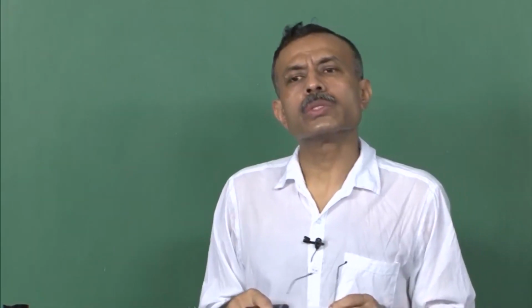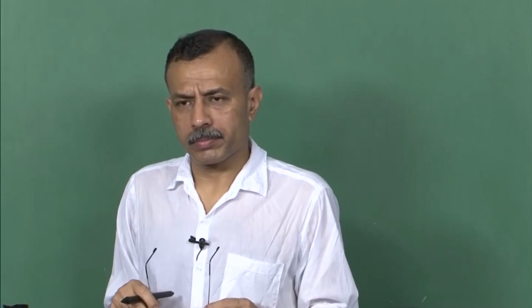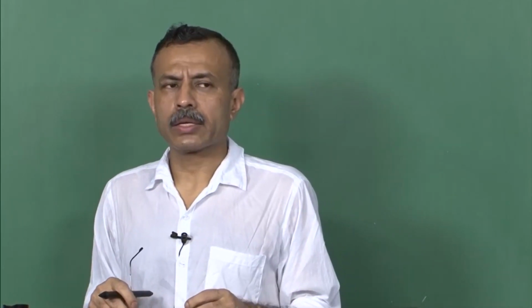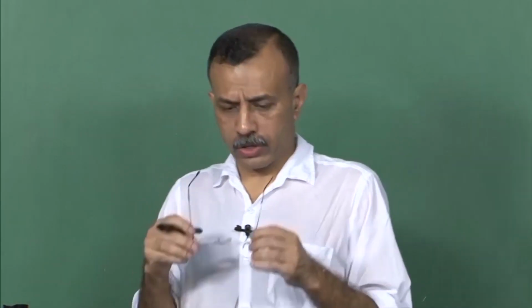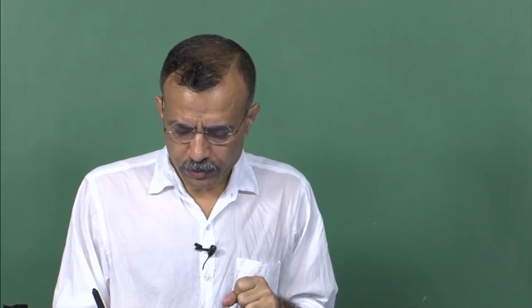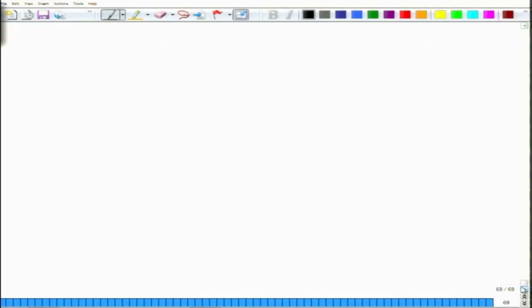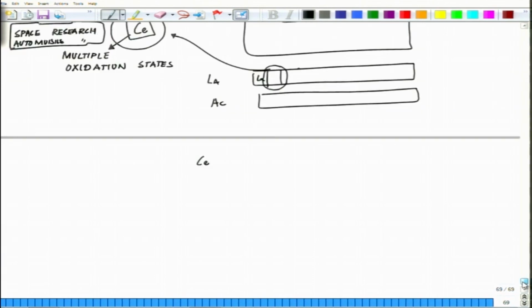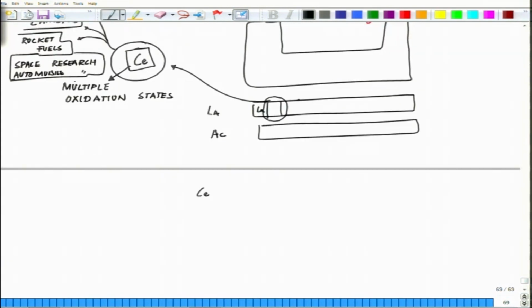When it goes into the nano domain, it does some very interesting reactions. So, I am going to first of all share the reactions with you, how it acts. Cerium, as I told you, remains in multiple oxidation states.